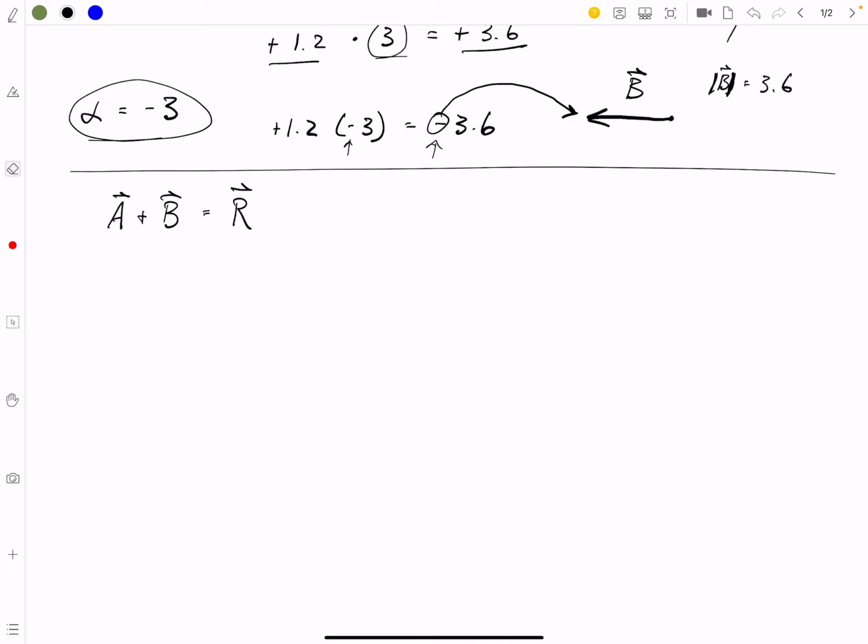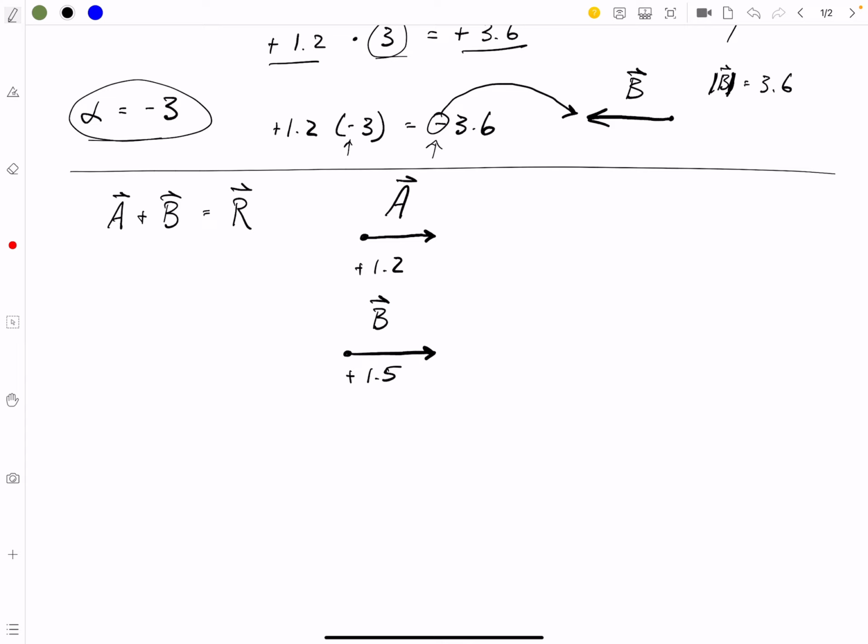Okay, so we can do a couple of things. We can say first our A is still our 1.2 to the right, so it's plus 1.2. We can say that our B is 1.5 to the right.